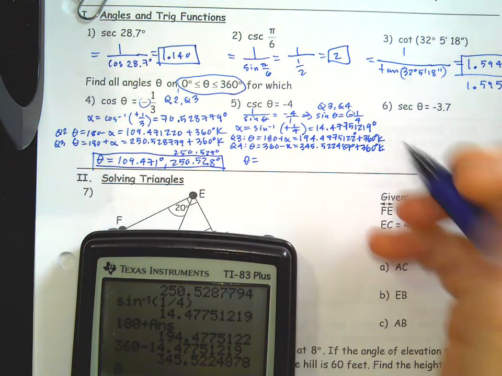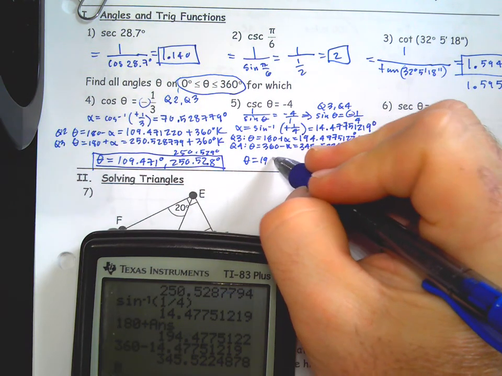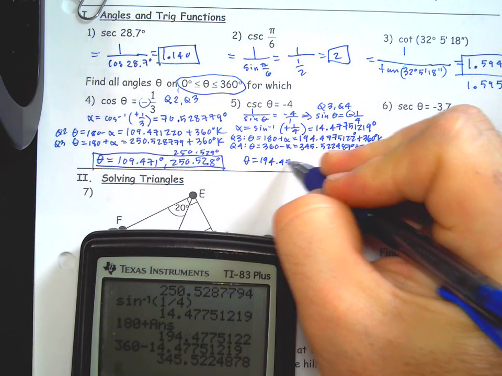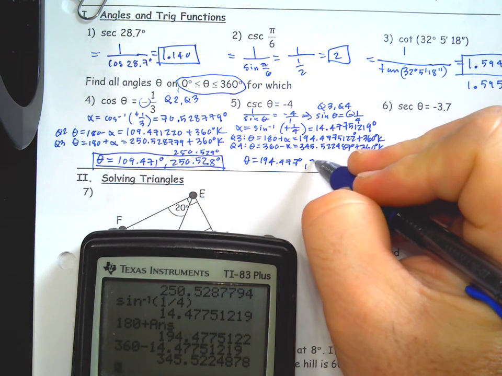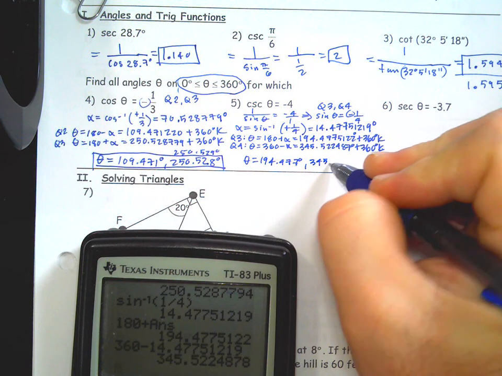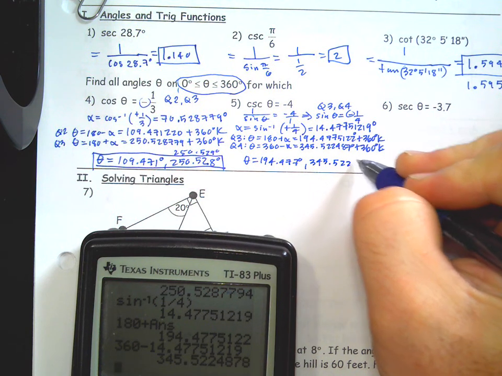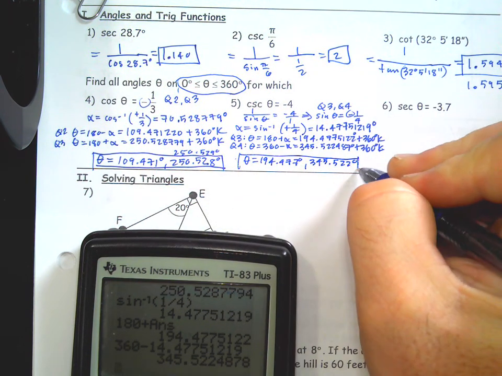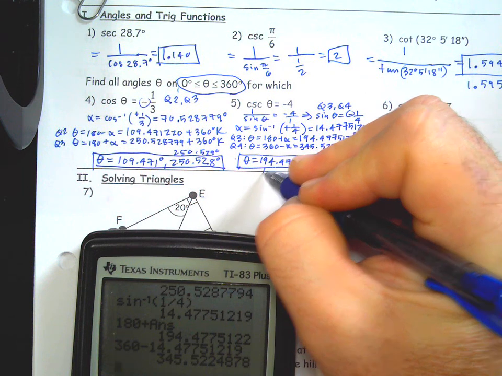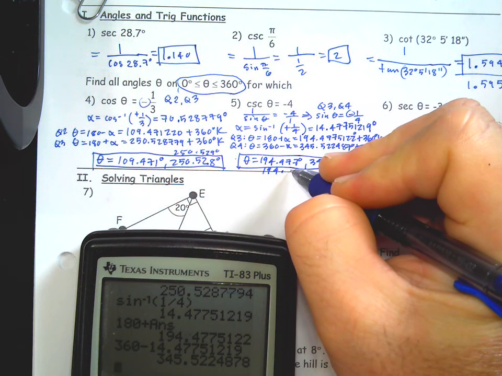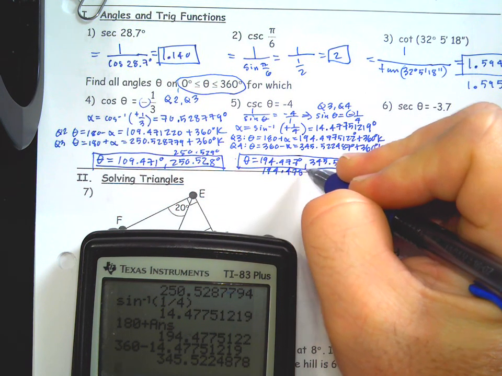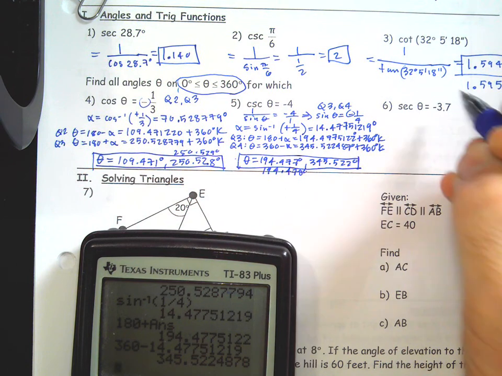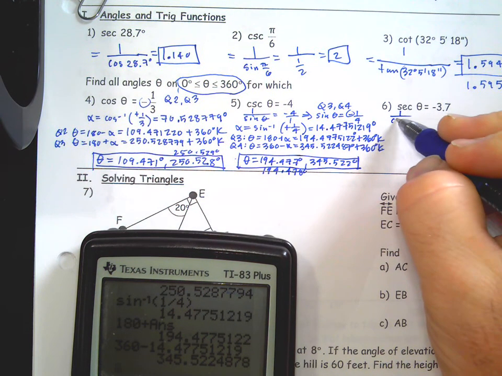So it's just going to be 194.477 degrees and 345.522 degrees. Those are the truncated answers. Rounded, this one would be 194.478. The other one would stay the same though. Okay, secant is 1 over cosine.